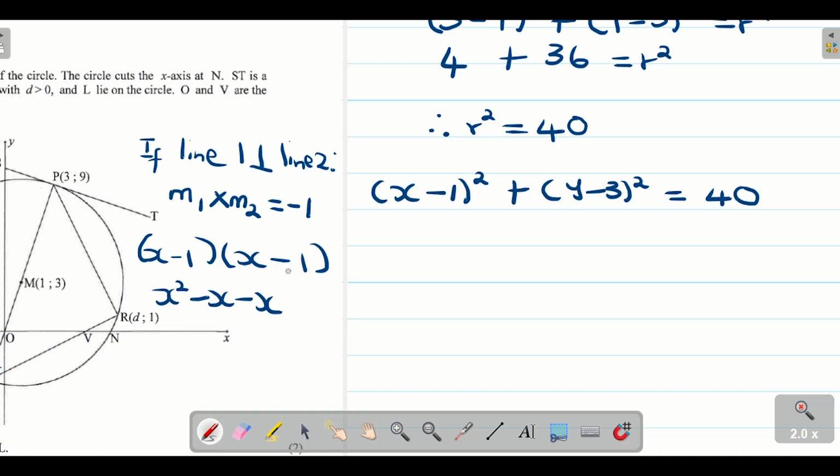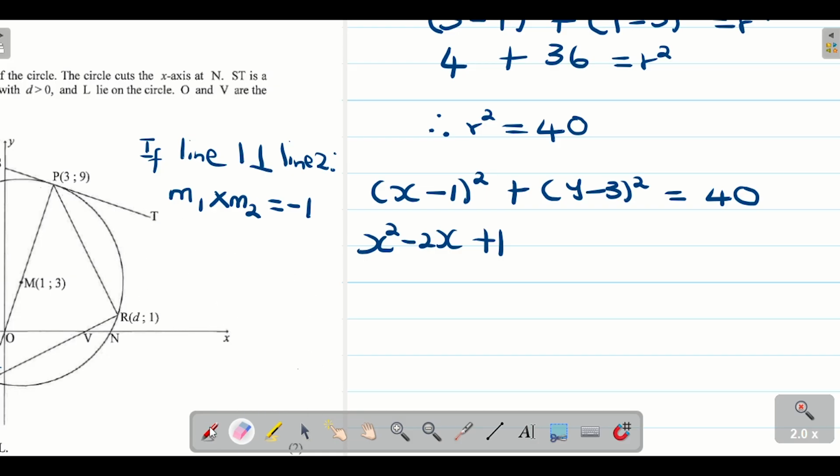Negative times negative will be positive. 1 times 1 is 1. So you end up with x squared, and then negative x and negative x, because the signs are the same, you're going to add and you're going to have 2x, and then you take the sign, which is negative, plus 1. So when you simplify that, you end up with x squared minus 2x plus 1.